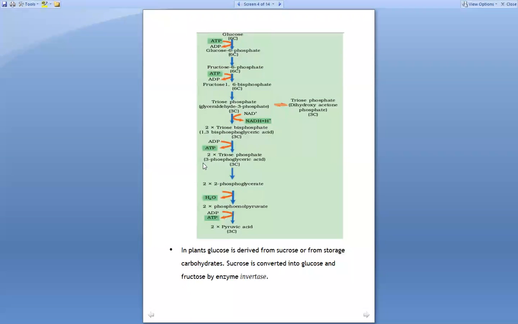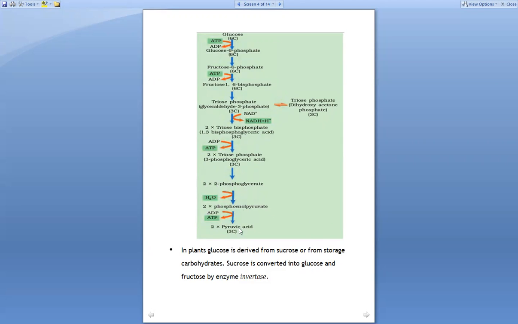So in the 2-phosphoglycerate, on the second position, the phosphate is present. At this step there will be a removal of H2O, that is, the water molecule. So upon the release of the water molecule, this 2-phosphoglycerate gets converted to 2 into phosphoenol pyruvate.